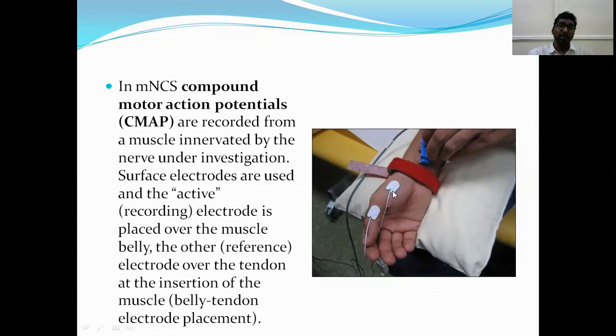The median nerve supplies abductor pollicis brevis. Here the electrical stimulus is given to the median nerve and one recording electrode is placed over the belly of the abductor pollicis brevis muscle. One other reference electrode is placed at the insertion of that muscle, at the base of the proximal phalanx. This is the motor nerve conduction study.